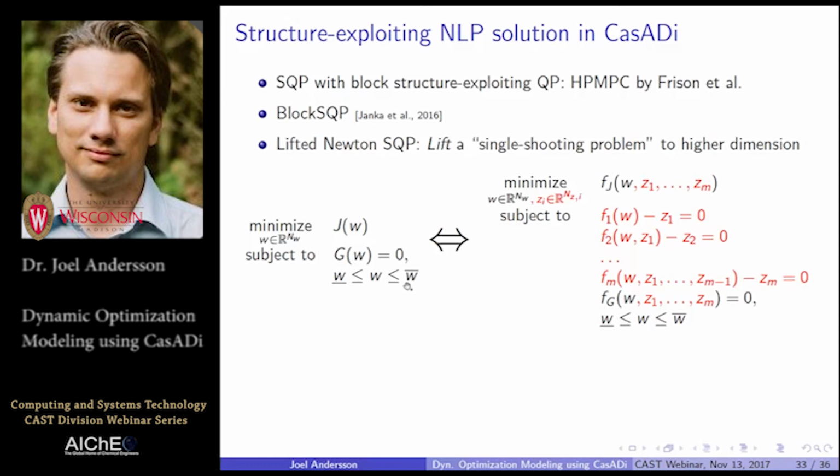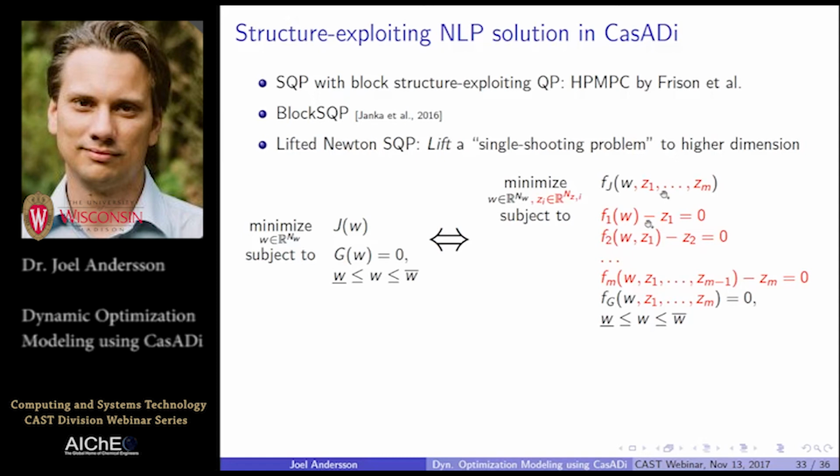Essentially what you do is take this problem here, and these J and G's are taken apart, and we get this set of additional variables that are given explicitly as symbolic expressions.